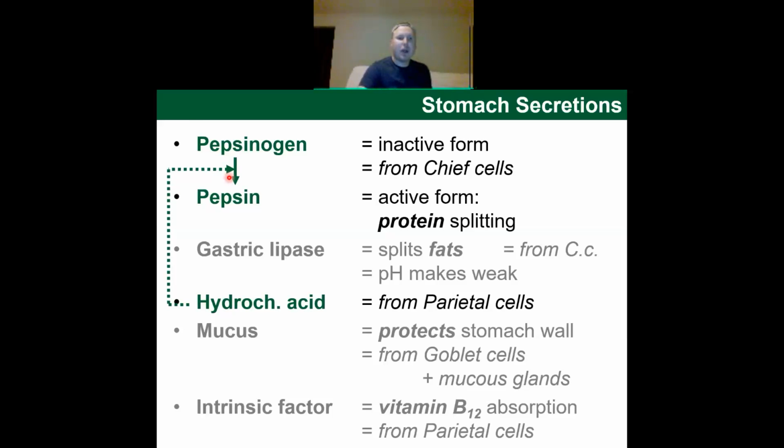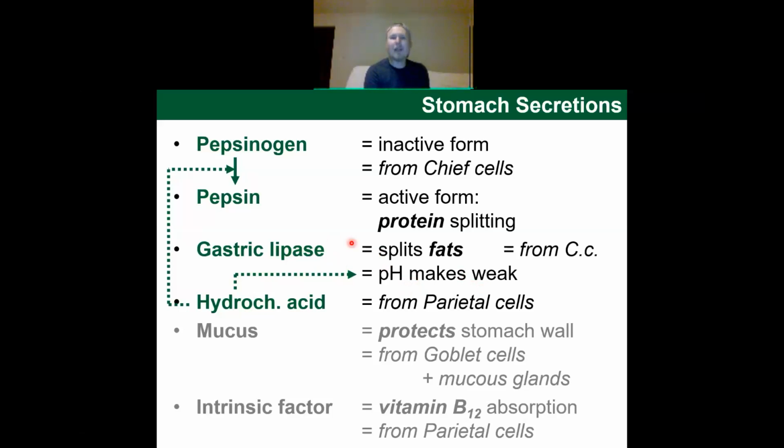What else should we know? Well, we should definitely know our gastric lipase. Lipase tells us that it breaks fats, lipids. That's again secreted from the chief cells. But gastric lipase doesn't work very well within the stomach. It's because this pH, the acidity within the stomach, makes the gastric lipase very weak.